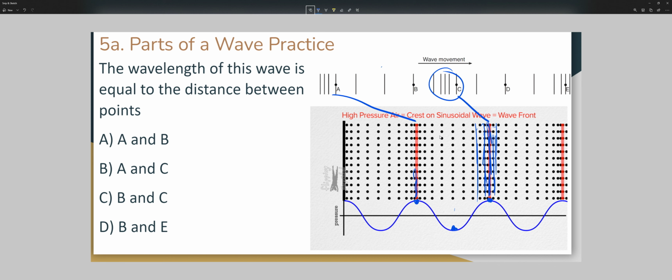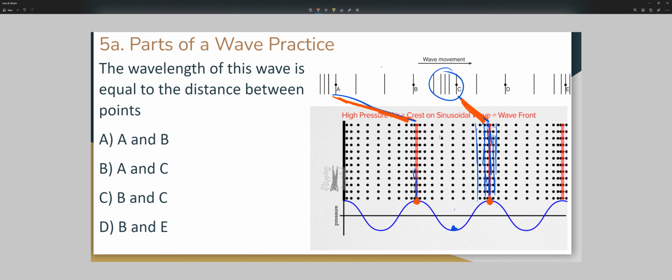I think it's easier to look at crest to crest, right? So we want crest to crest.